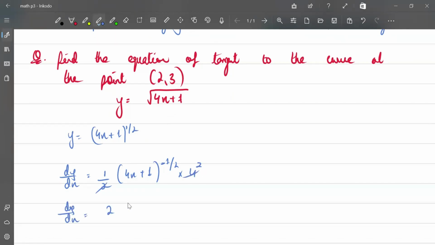So we have dy over dx with us. And what was our step number 2? Substitute x coordinate. The x coordinate is 2, so we just substitute it in dy over dx, and we get the gradient of tangent.